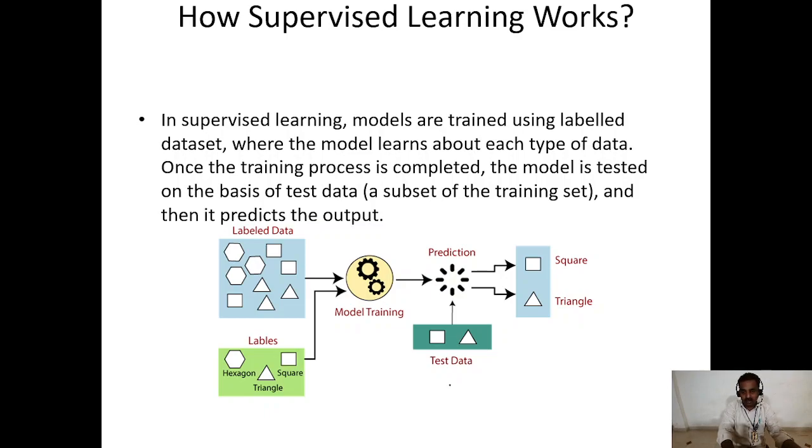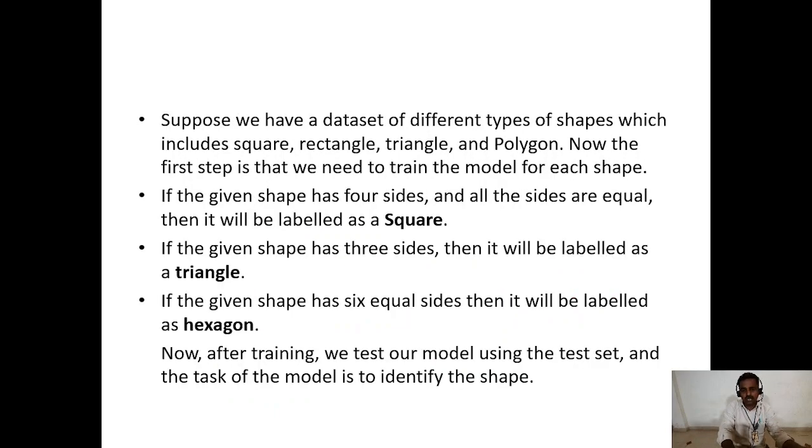After that, you have to predict the output based on the training data, and you give the test data. If you give a square with 4 equal sides, then the test data is a square. If you give test data with 3 sides, but the sides are not equal, then it can be treated as a triangle. Next, suppose you have a data set of different shapes, which include square, rectangle, triangle, and polygon.